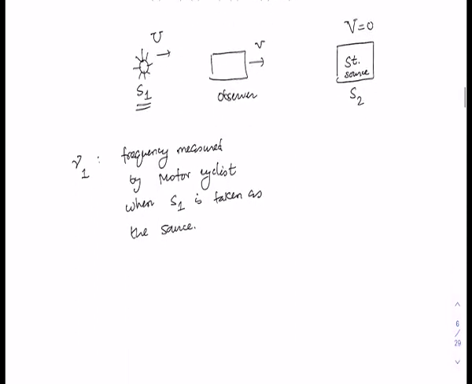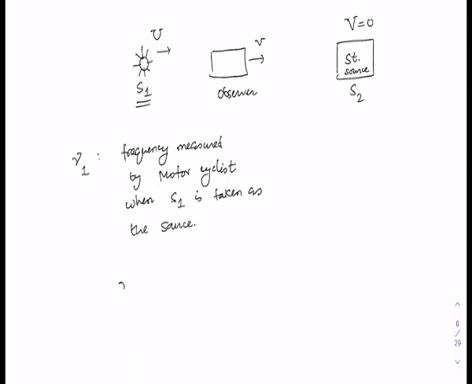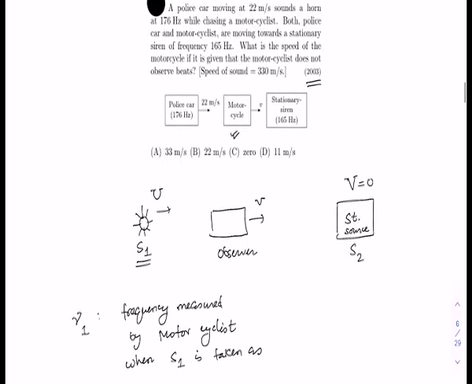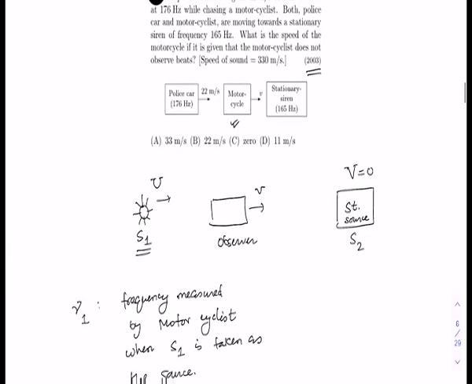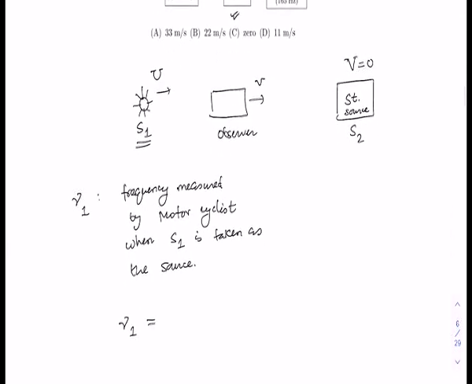Okay, so let us work it out. So nu1 would be this police car's horn at 176 hertz. So let me say nu p, that is the frequency of the whistle in that car.